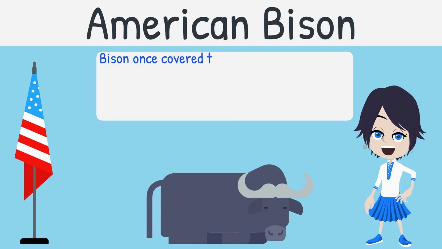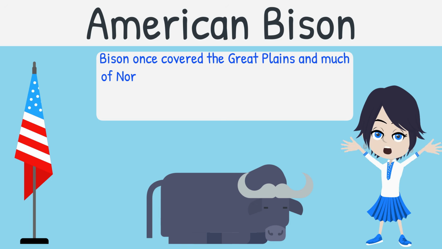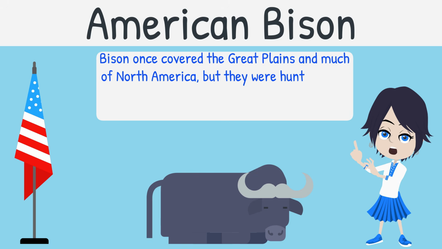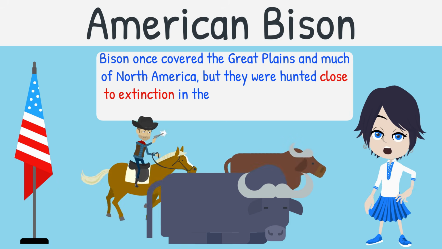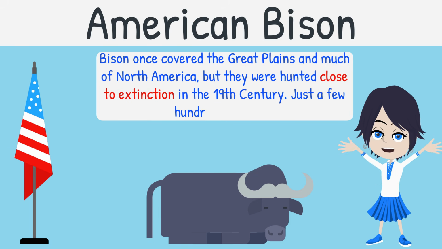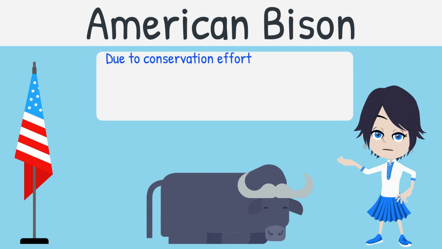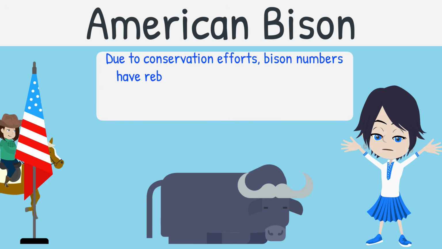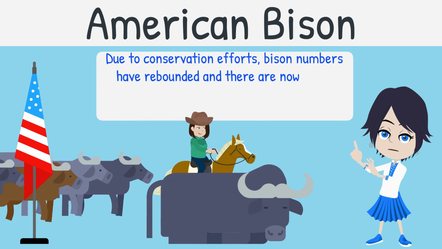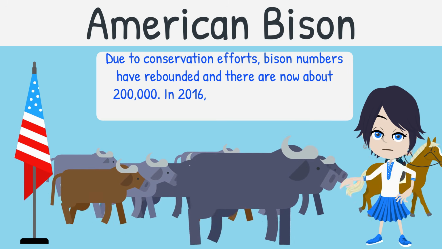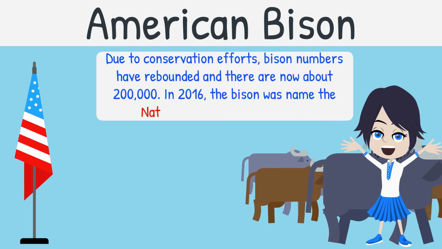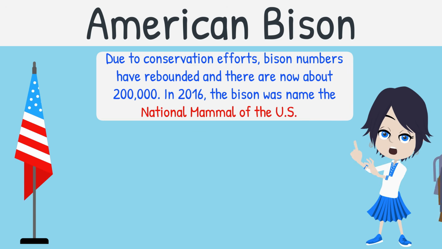American bison once covered the Great Plains and much of North America, but they were hunted close to extinction in the 19th century. Just a few hundred remained. Due to conservation efforts, bison numbers have rebounded and there are now about 200,000. In 2016, the bison was named the national mammal of the U.S.A.